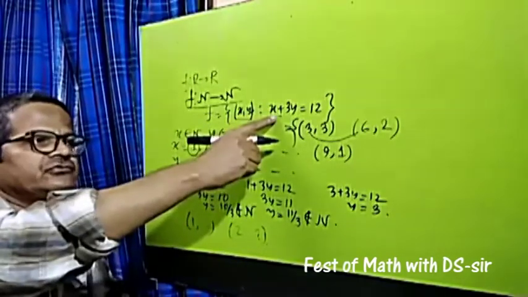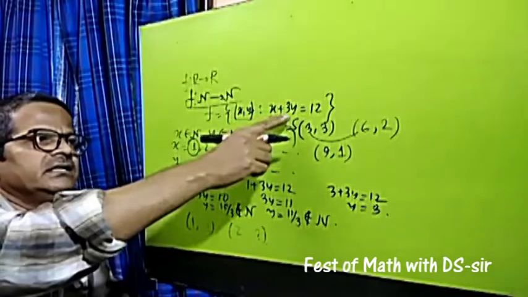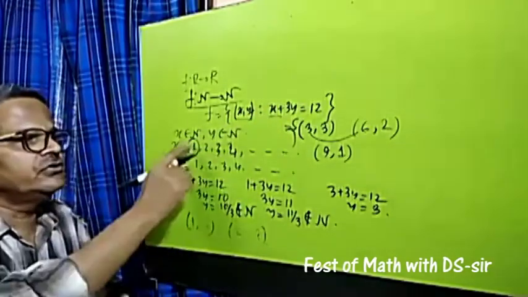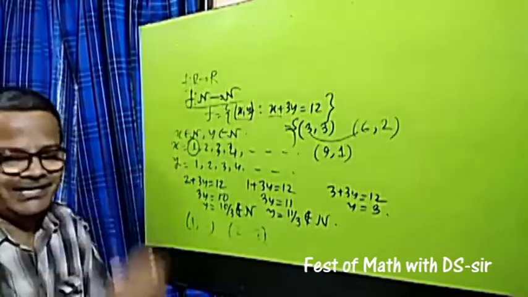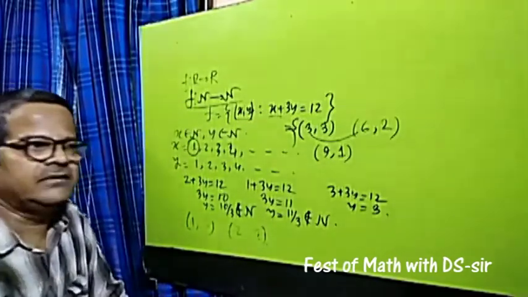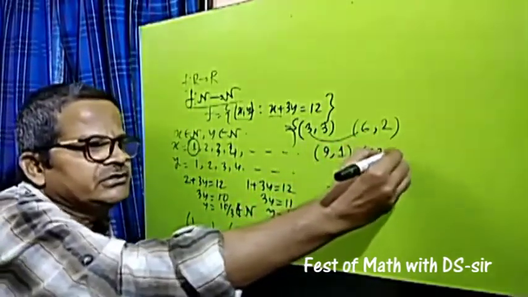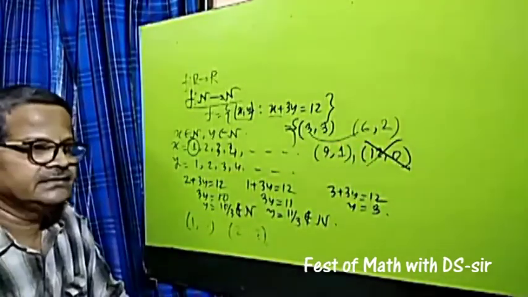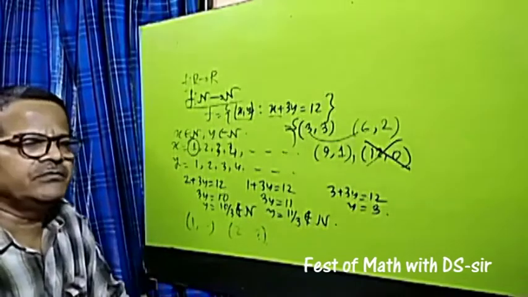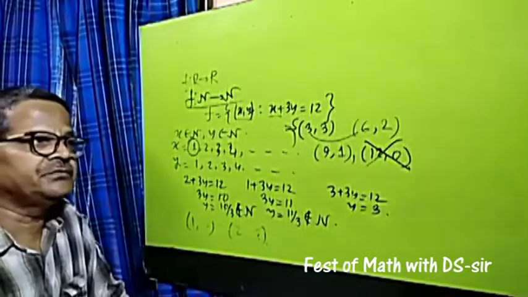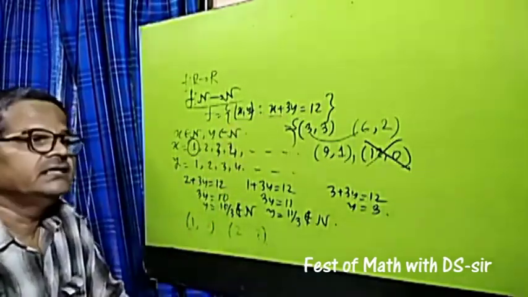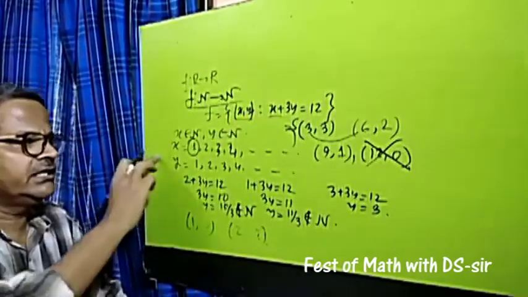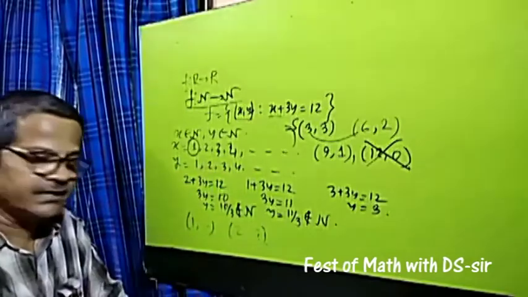When x is 12, then 3y is 0, so y is 0, and 0 is not in N. So (12, 0) cannot be a member of this set. And again, if we move further, if we put x is equal to 15, then 3y is minus 3 and y is minus 1, and no negative value of y.